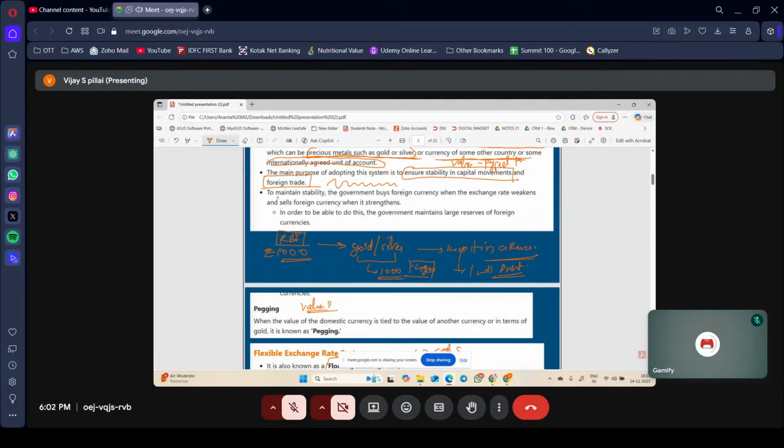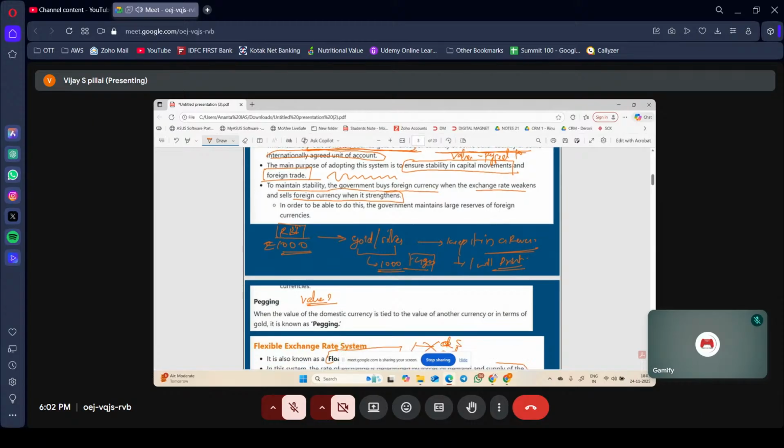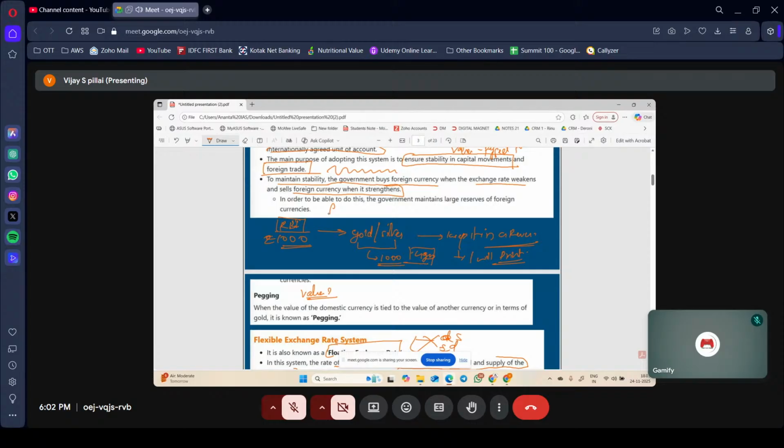To maintain stability, the government buys foreign currency when the exchange rate weakens and sells foreign currency when it is strengthened. What does it mean when foreign currency strengthened?